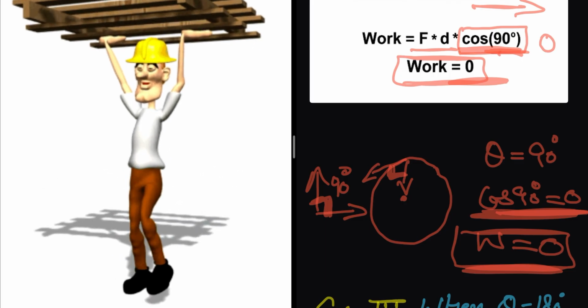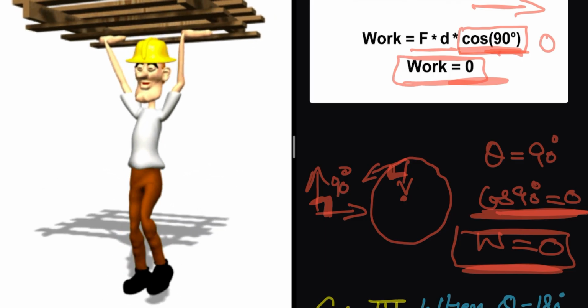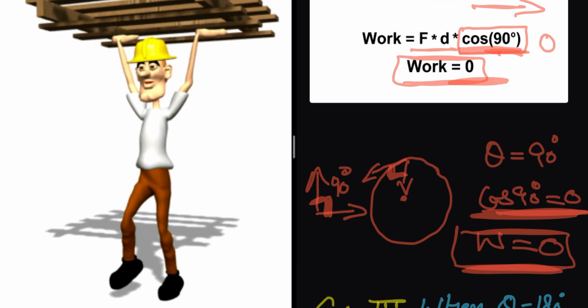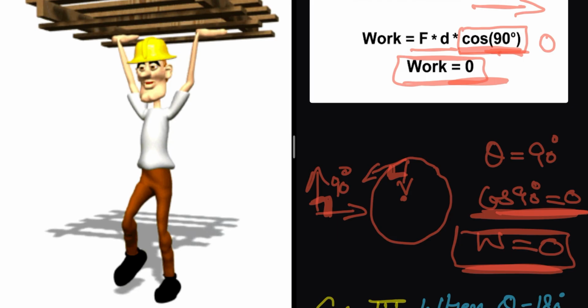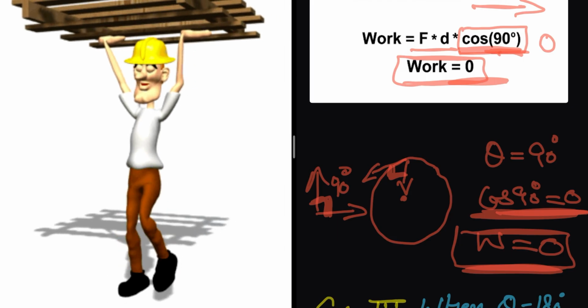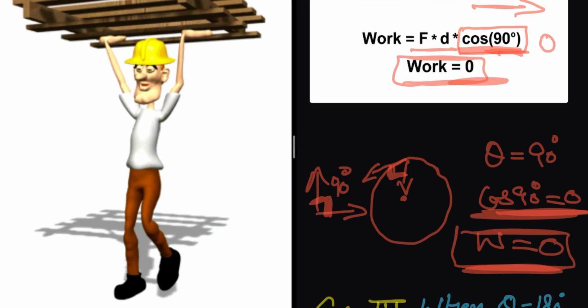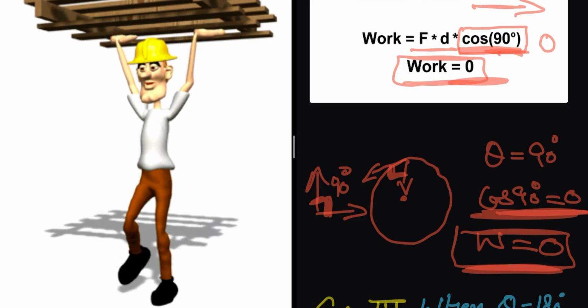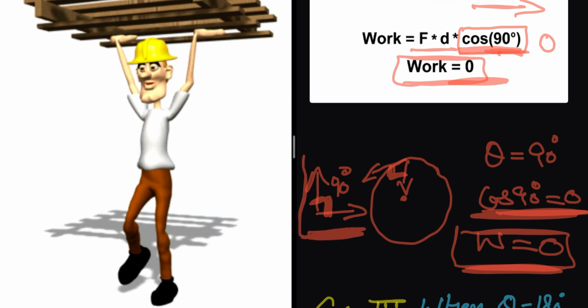So in this case also, students, when a person is carrying a load on his head, what is he doing? Suppose another example, a coolie is carrying a load or a suitcase on his head and he is walking. In that case also, students, the force is applied in the upward direction, displacement is in the forward direction, and the angle between both is 90 degrees.